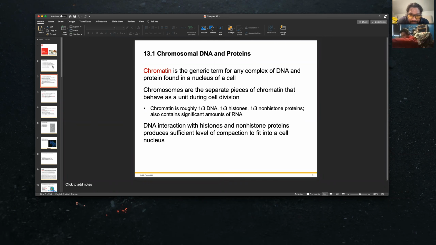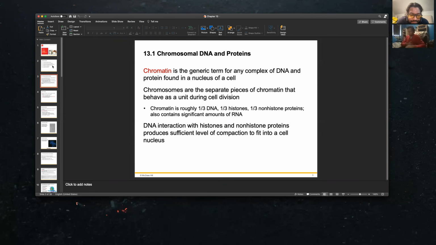Do you remember histones? Think of them as complexes, like beads that wrap around DNA. They're basically made of positively charged proteins, and DNA is negatively charged, so that's why they bind to each other.